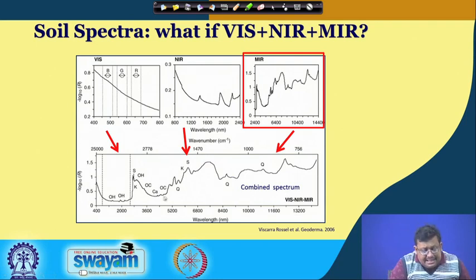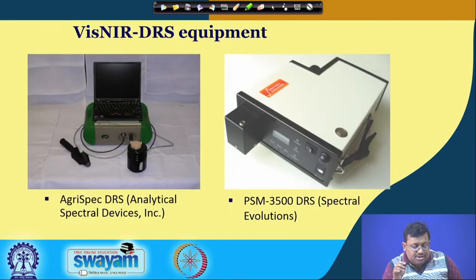These absorption features reflect the chemical composition of the soil itself, because the absorption happens from different chemicals or organic chemicals present in the soil.